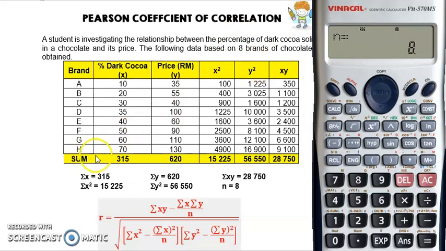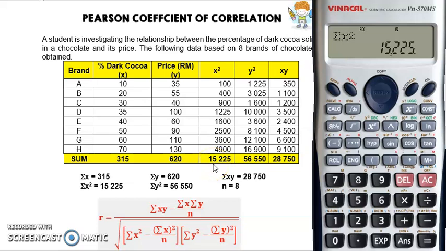Now we want to find these summation values. How do we get them? Look at number 1 here, we have the function sum. Press shift 1. Here you have the summation of x squared as number 1, so you press 1 and then press equal. We get the same value, 15225.